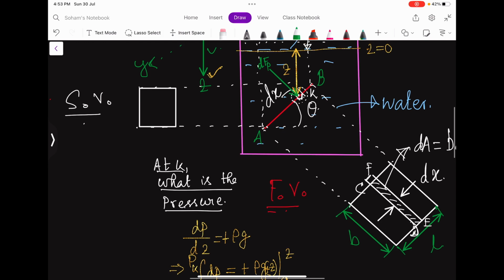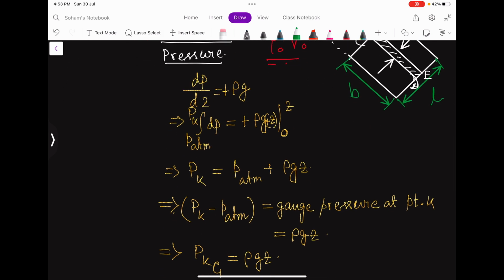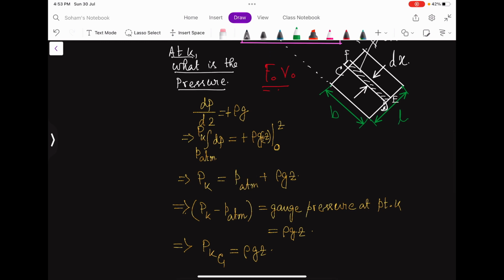Fine. So if I have to find this d of pressure force, then this d of pressure force is equal to pressure at k, and I am just working with the gauge pressure at k. Okay, let us work with the actual pressure and not the gauge pressure. I will tell you why.